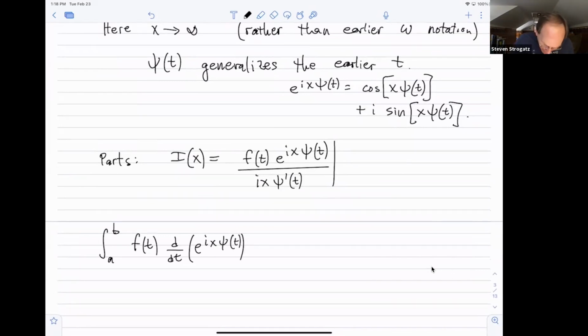So I'm putting that in a denominator to compensate, that whole thing dt. This is my I of x integral, just written in a way that's set up for integration by parts. So anyway, recognizing that, then I get this term, the boundary term, where I'm looking at t equals a and t equals b.